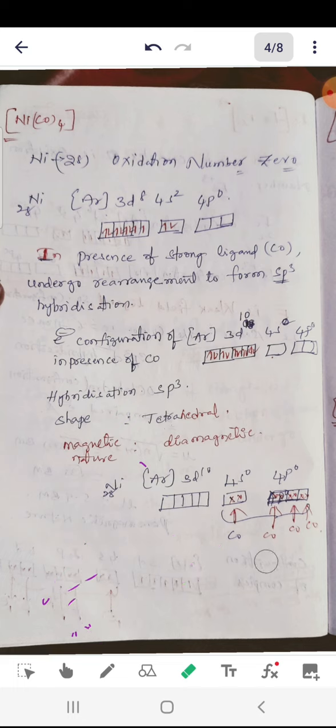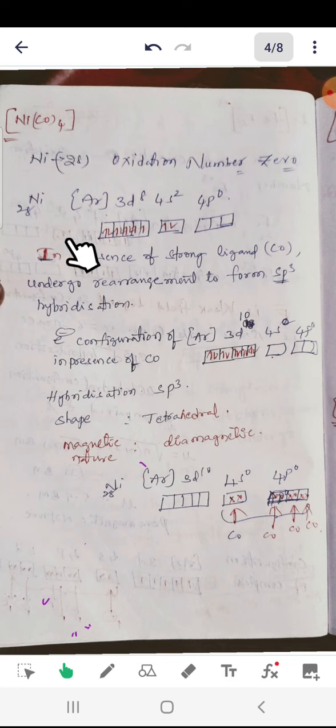Already how to write the scandium to zinc configurations was discussed in the last classes. If you want, you can watch that previous video. Here 3d8 4s2 4p0.